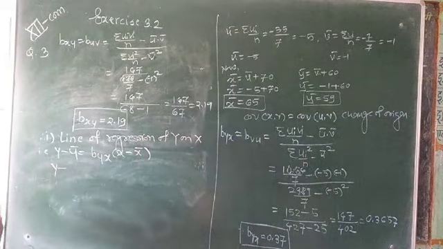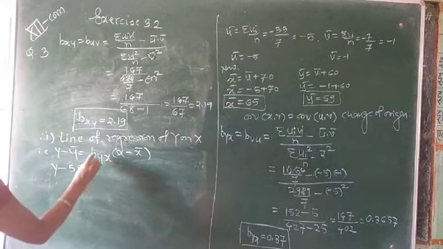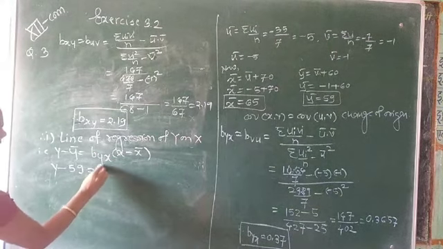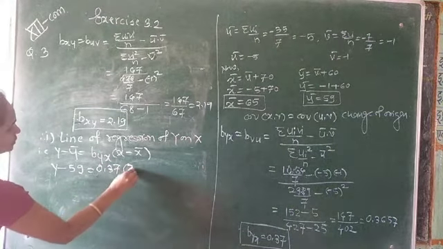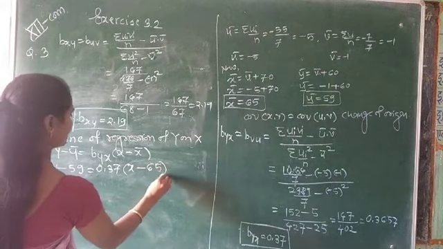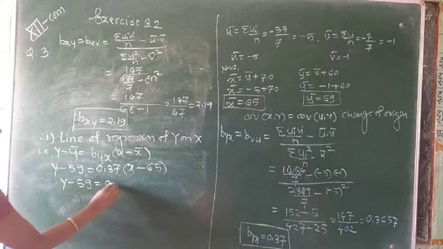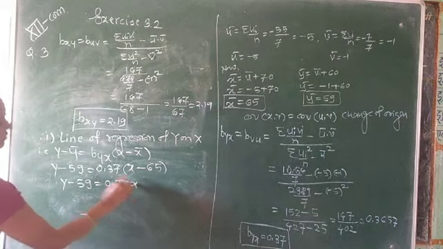What is the y mean? 59. So y minus 59 is equal to Byx, 0.37, into x minus x bar, 65. Solve the bracket.